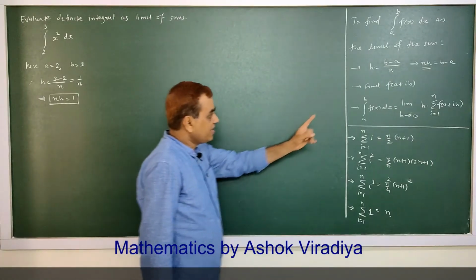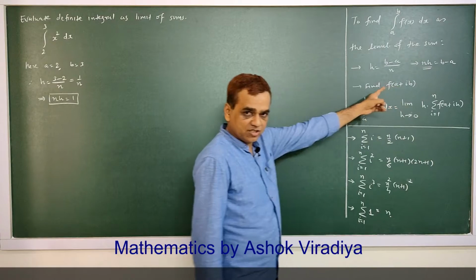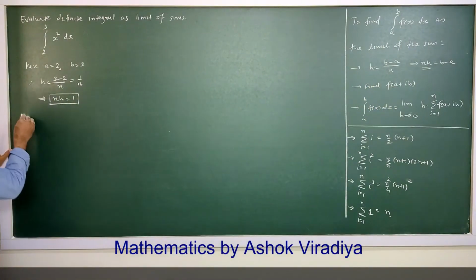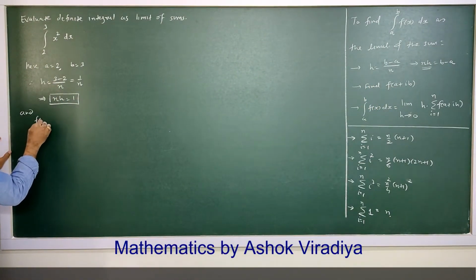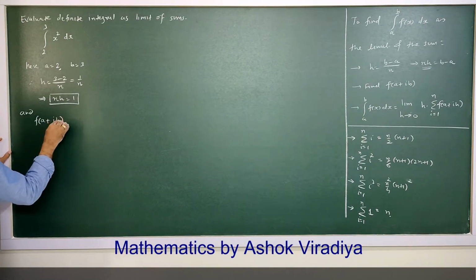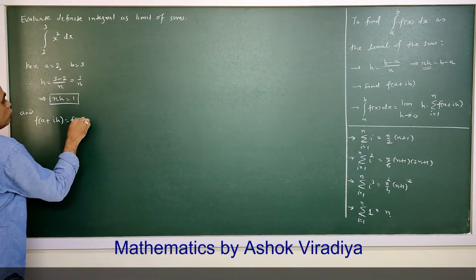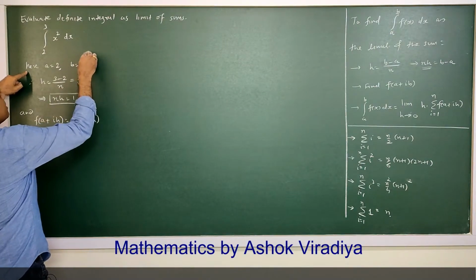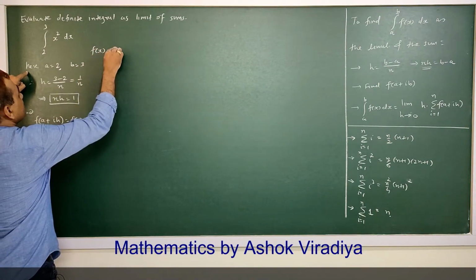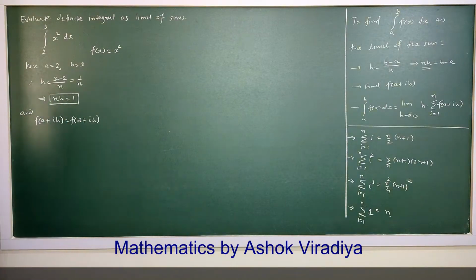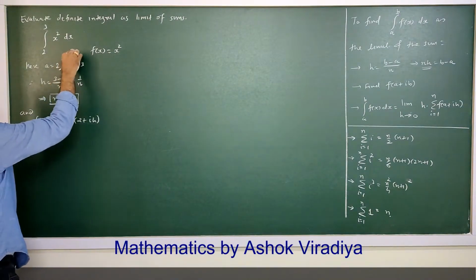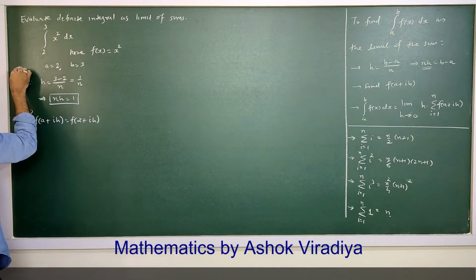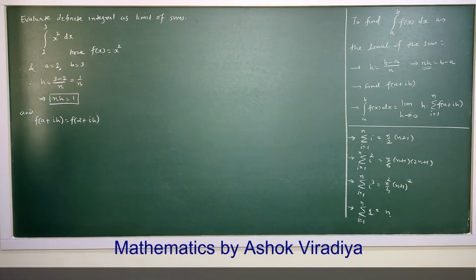Then we find f of a plus ih. So f of a plus ih is f of 2 plus ih. Now here f(x) is x square.